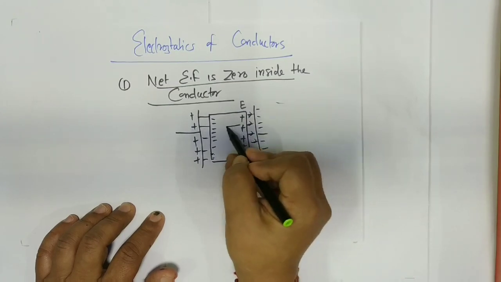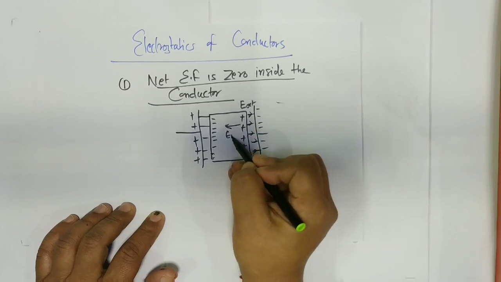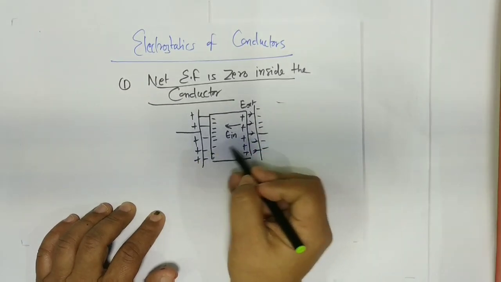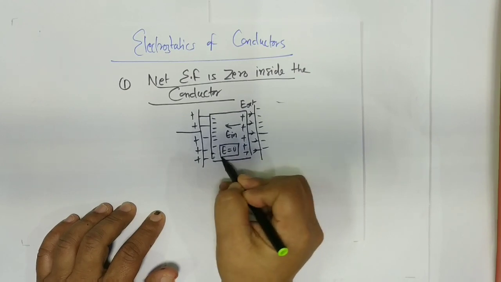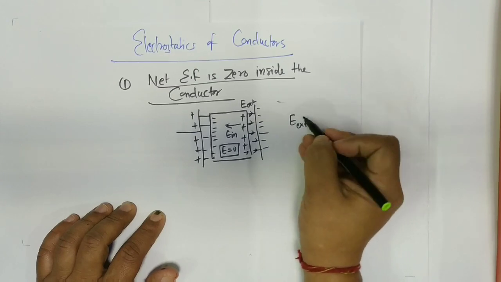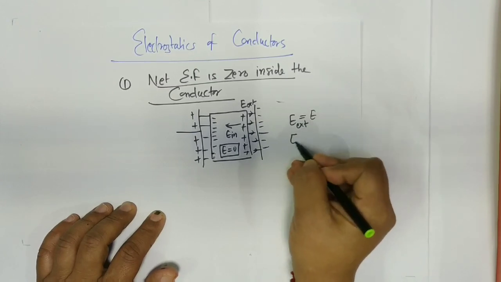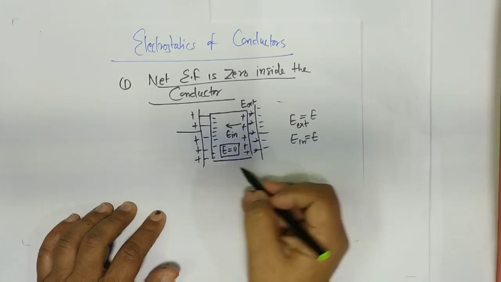And there will be an internal electric field. This is external, this is internal. So net electric field inside the conductor will be zero. Why? Because E external is E and E internal is also E, the same value.